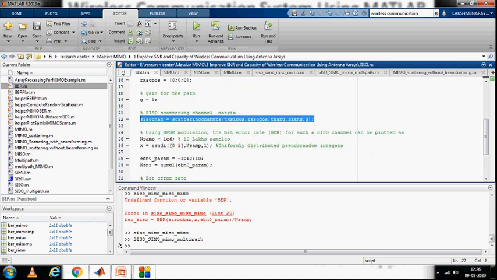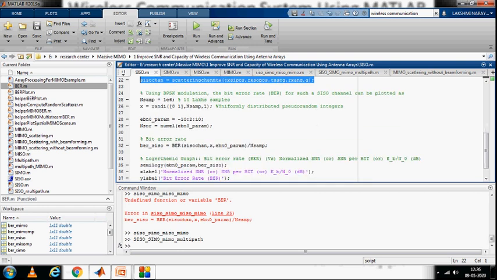And here we are going to use BPSK modulation. As a basic example, we are not incorporating OFDM. We are only going to take binary phase shift keying modulation and bit error rate. Here the definition of the bit error rate is the number of error bits to the total number of bits.